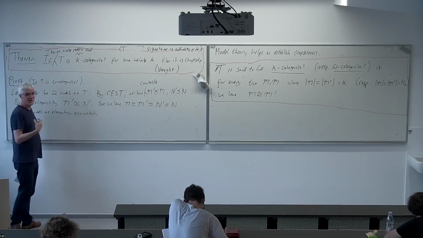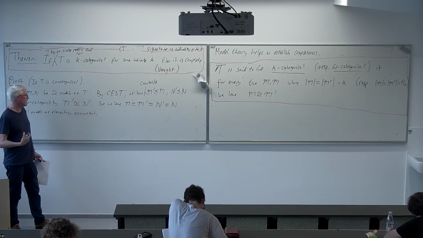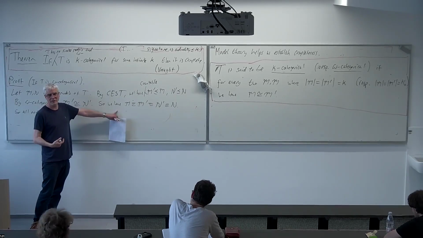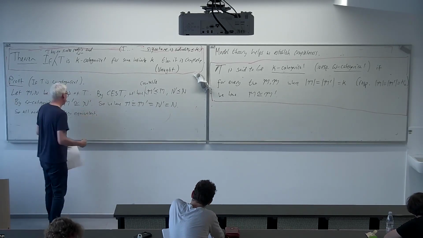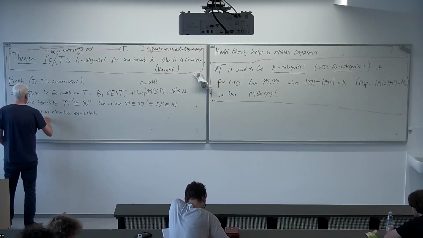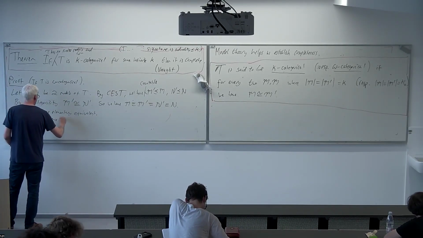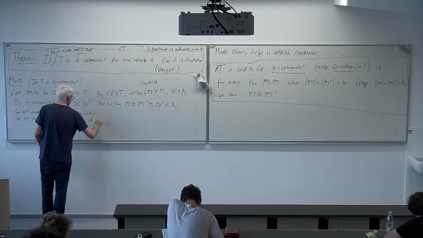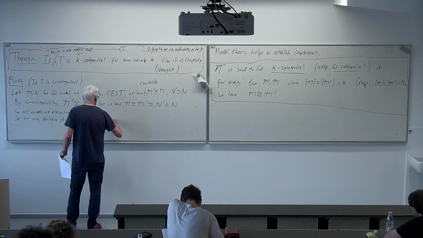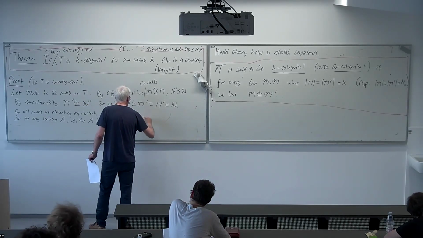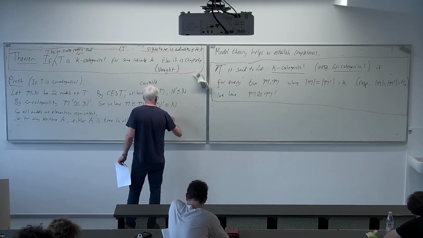So if you take any sentence A, it's either true in all models or its negation is true in all models. So for any sentence A, either A is true in all models or not A is true in all models.